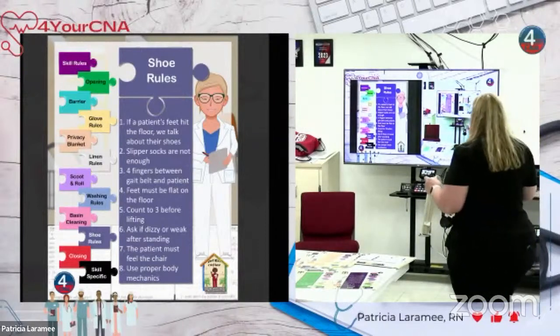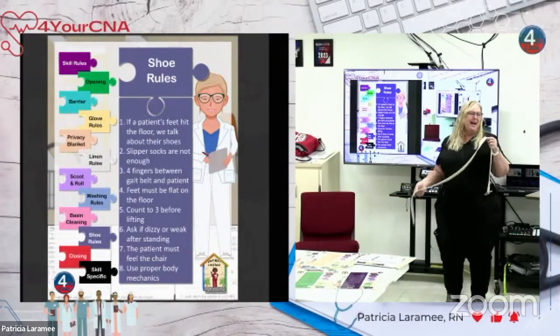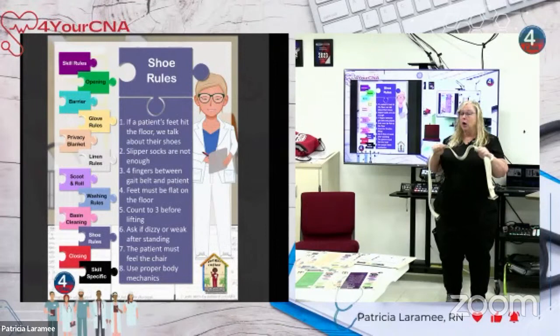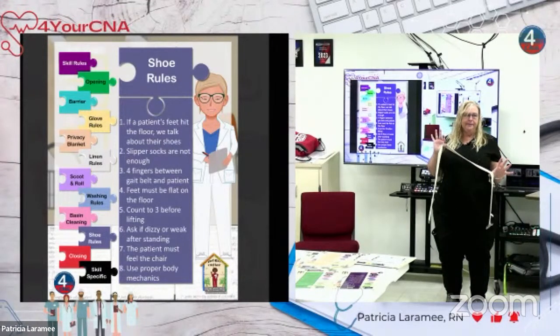If we use a leather belt, leather belts are kind of hard and rigid and they might injure the patient. This is a little bit softer and squishier, so it's less likely to injure the patient, but canvas is very strong. You can't break this. So all the strength of leather, but in a softer format.